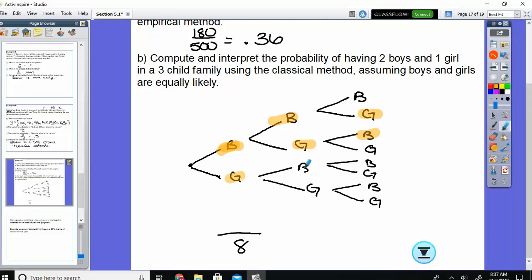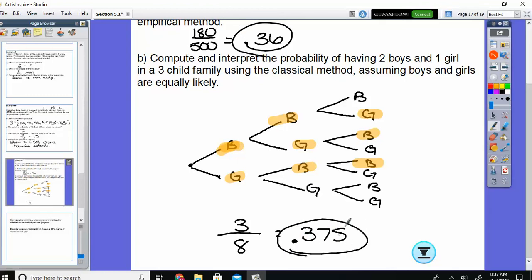That's 2. If we start with a girl, we could do girl, boy, boy. And is there any other option that has 2 boys? So that's 3 out of 8, which is what? If you want to do a decimal, 0.375.